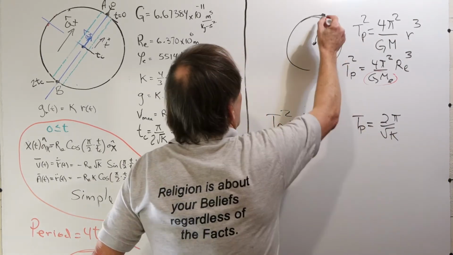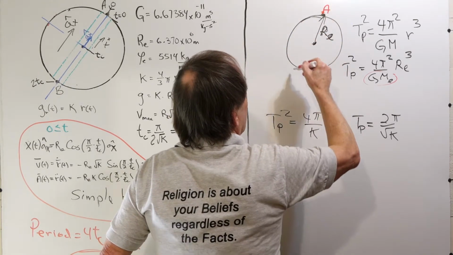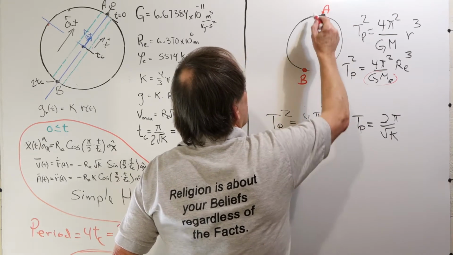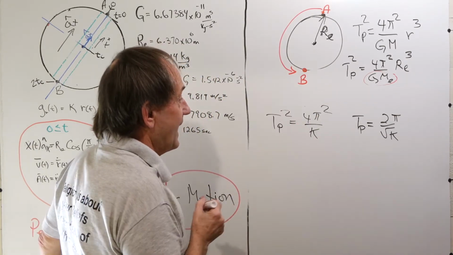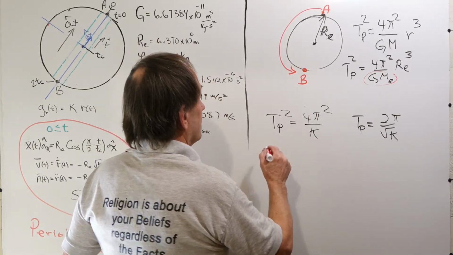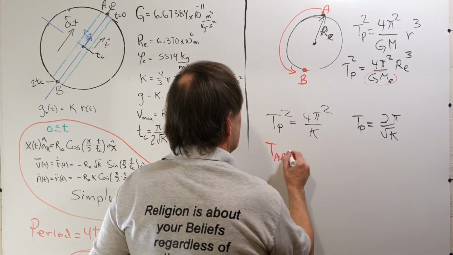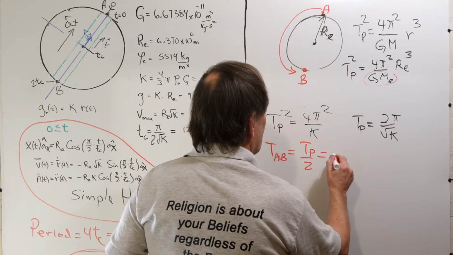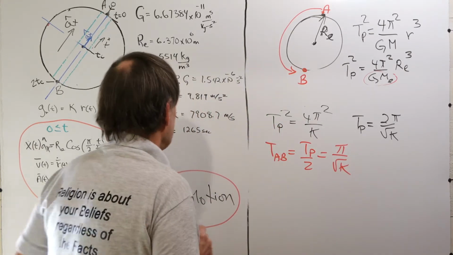If we start at A, we're going all the way around, but we only want to look at the amount of time that it takes to go from A to B, which would be half the orbital period. So the time to go from A to B is going to be the orbital period divided by 2, or pi over the square root of k.